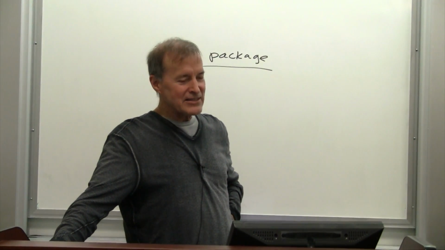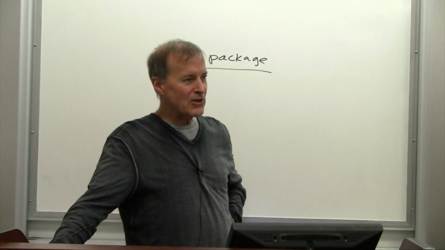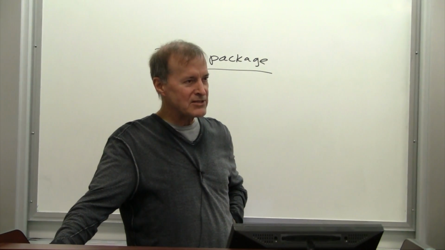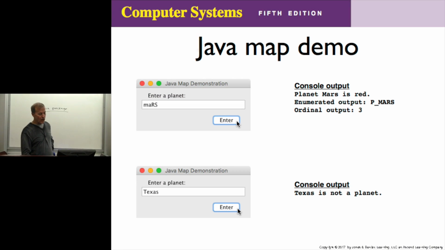So a map is just Java terminology for what is also called a dictionary, and it's based on what are called key value pairs. And by the way, this material is not in the book because it's Java specific. But here it is on the slide, and we just saw the demo.